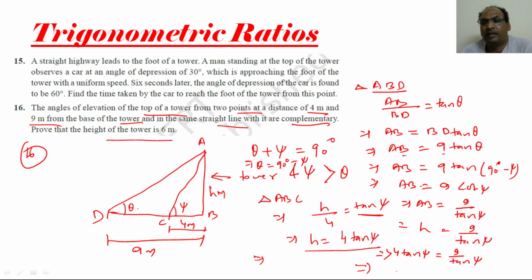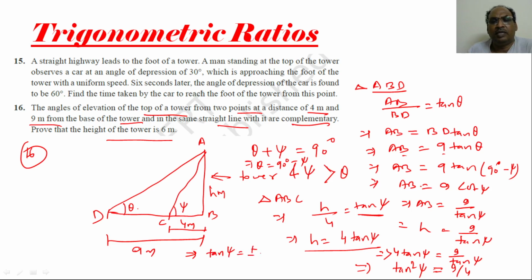Okay, so tan square psi is equal to 9 by 4, and this one, tan psi is equal to plus minus 3 by 2.